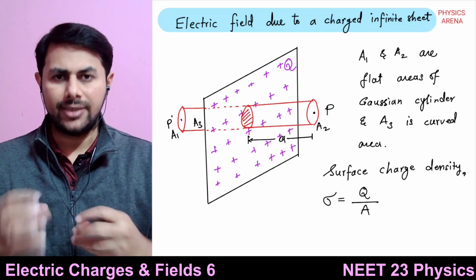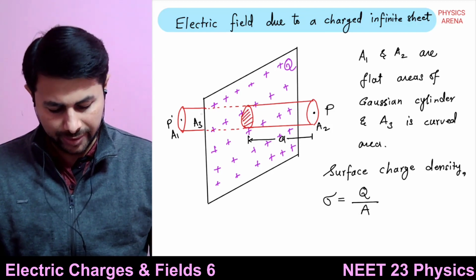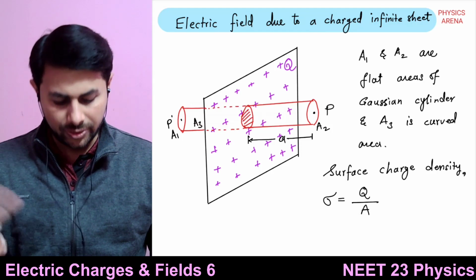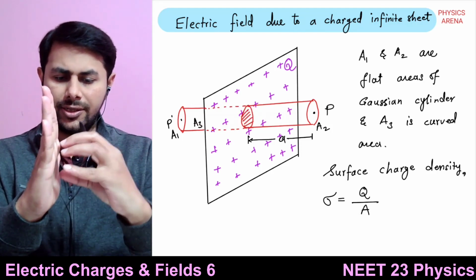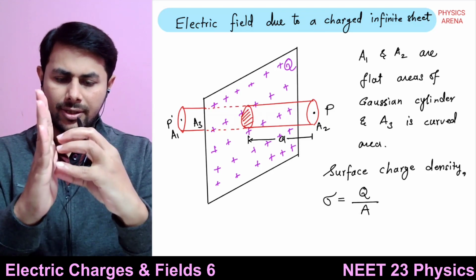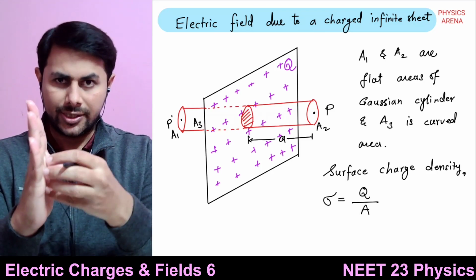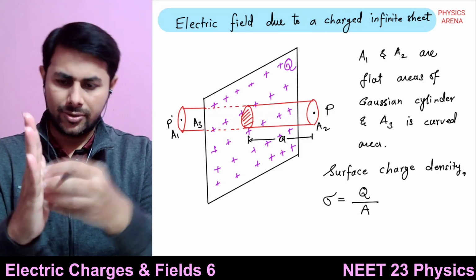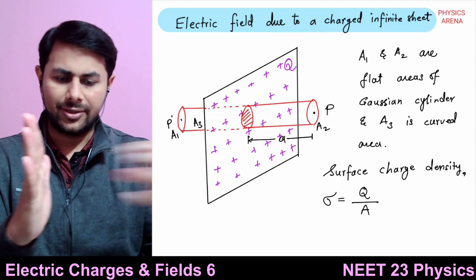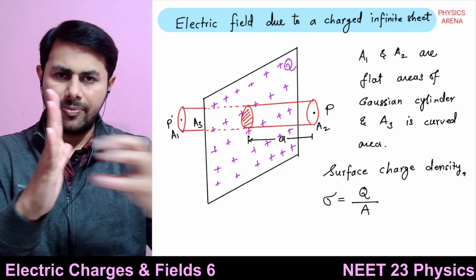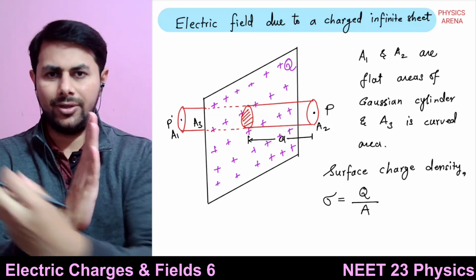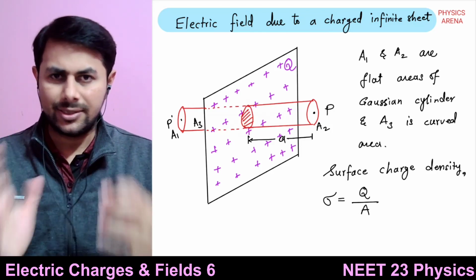How much is the charge enclosed by this Gaussian cylinder? If this is a sheet and this is your cylinder, only the charge in that much area, because the cylinder penetrates through that much area only. So that much is the charge enclosed.